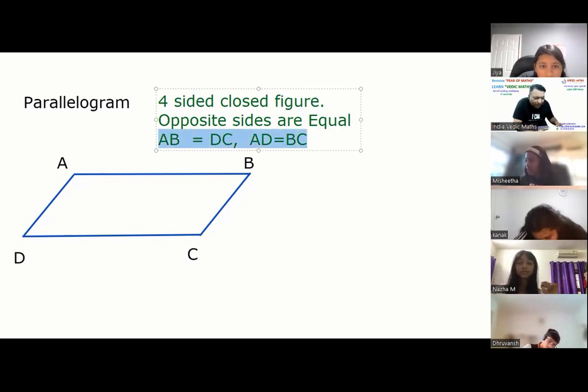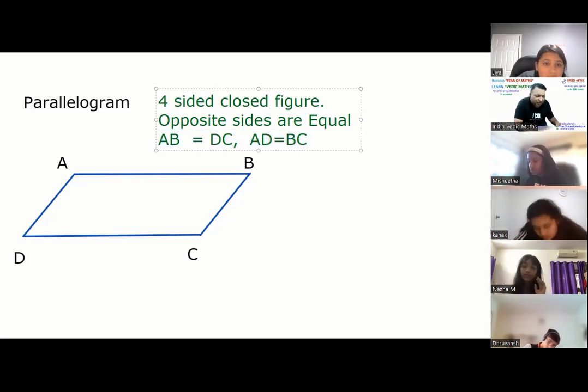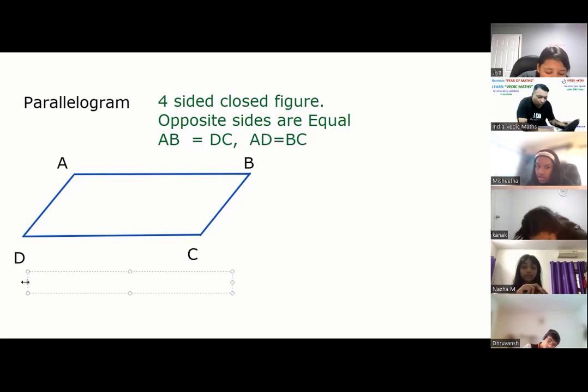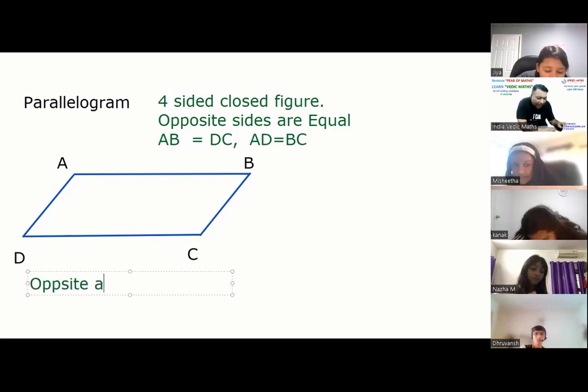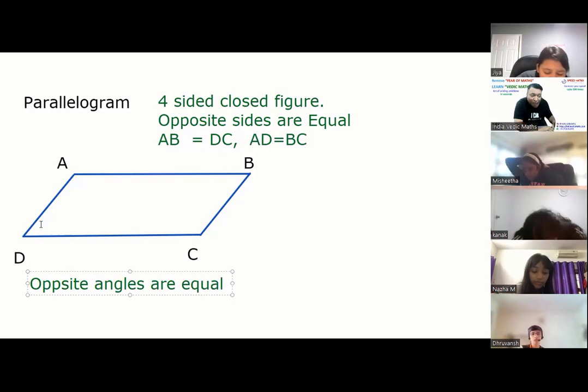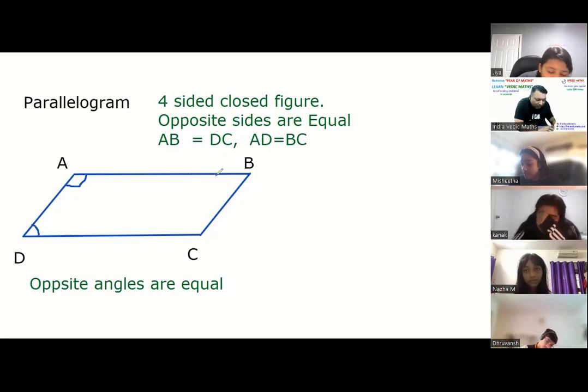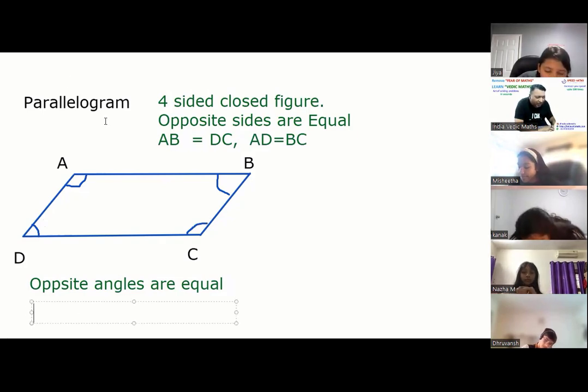Then, next thing is, I'm going to write here, okay? Opposite angles are equal. Opposite angle means if I put that this is one angle, this is one angle, this is one angle, this is one angle. Tell me, Jia, which angles are equal?